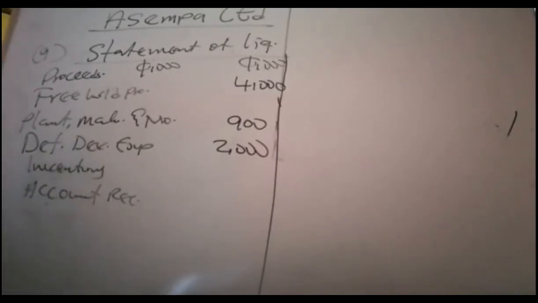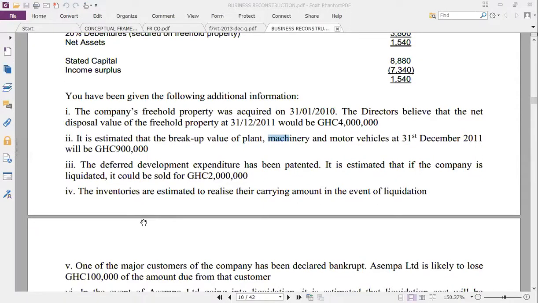Inventory and account receivable. Let's go and pick the disposal value. Inventories are estimated to realize their carrying amount in the event of liquidation. So that means they are going to sell it for their carrying amount. What's the carrying amount?